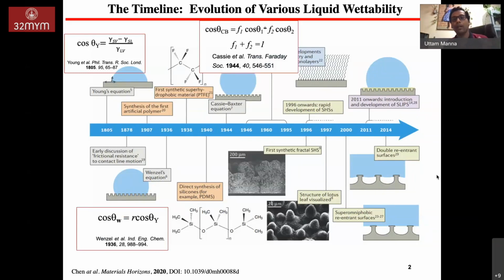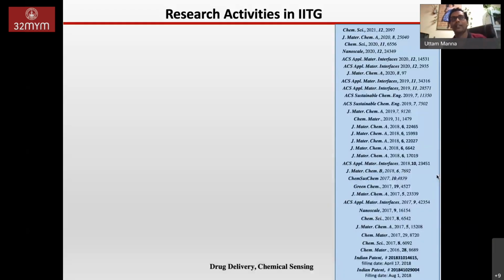When you associate them in a proper way, you can get different kinds of wettabilities, which in fact exist in nature. You can understand that chemistry and topography, mimic them, develop them artificially, and use them for multiple applications.